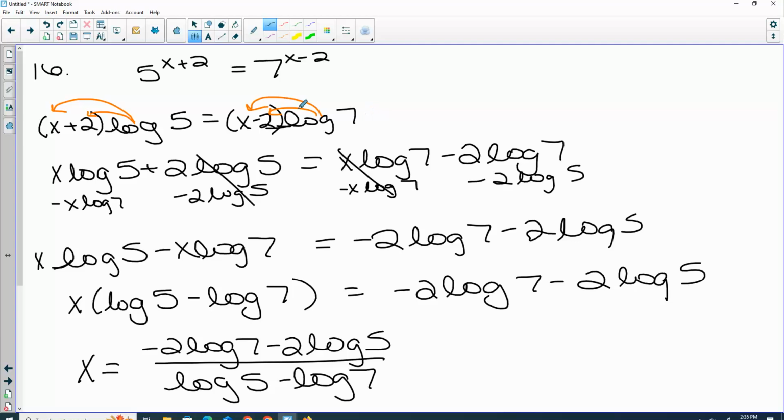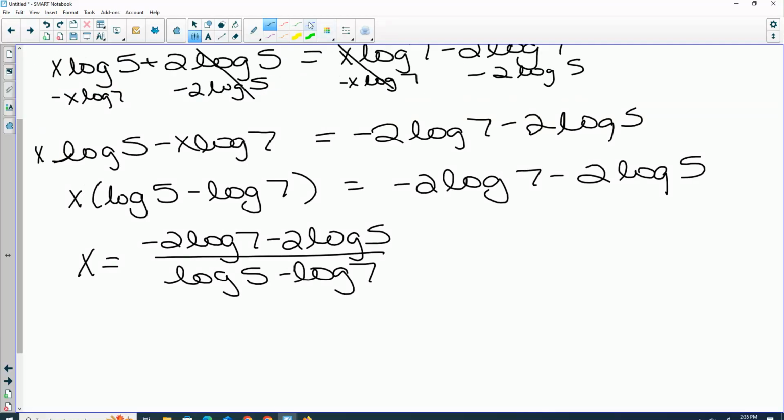Otherwise, you have a lot of parentheses to worry about. Every time you open a log, you have to close that parenthesis. And if you're not using the fraction button, you have to put a second set of parentheses around both the top and the bottom, so it gets a little cumbersome. But this should come out to be 21.133.